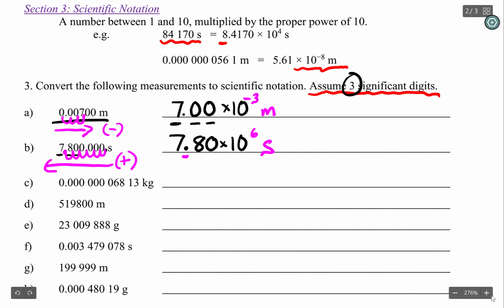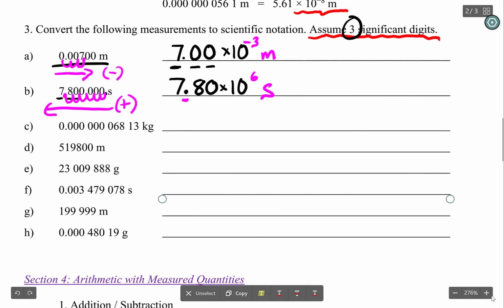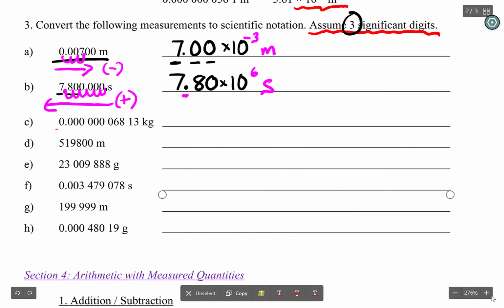I'm going to do one more with you before I get you to try some on your own. So looking at the next value, you can see how awkward it is to write all of those zeros, and this seems quite bizarre. So in order to put this into scientific notation, I start at my first real non-zero number, which is the 6. I need 3, so 681. I would write 6.81 times 10 to the power of.